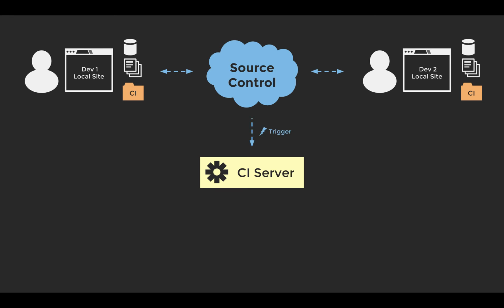This can be done on a trigger, such as someone pushing to the branch or say a nightly build, a scheduled build. The CI server is then going to go through a sequence of build steps or automated magic to create the integrated development build. The CI server can also be used to deploy that build to a target server. So here you can see we have an integrated dev site that we can browse to.